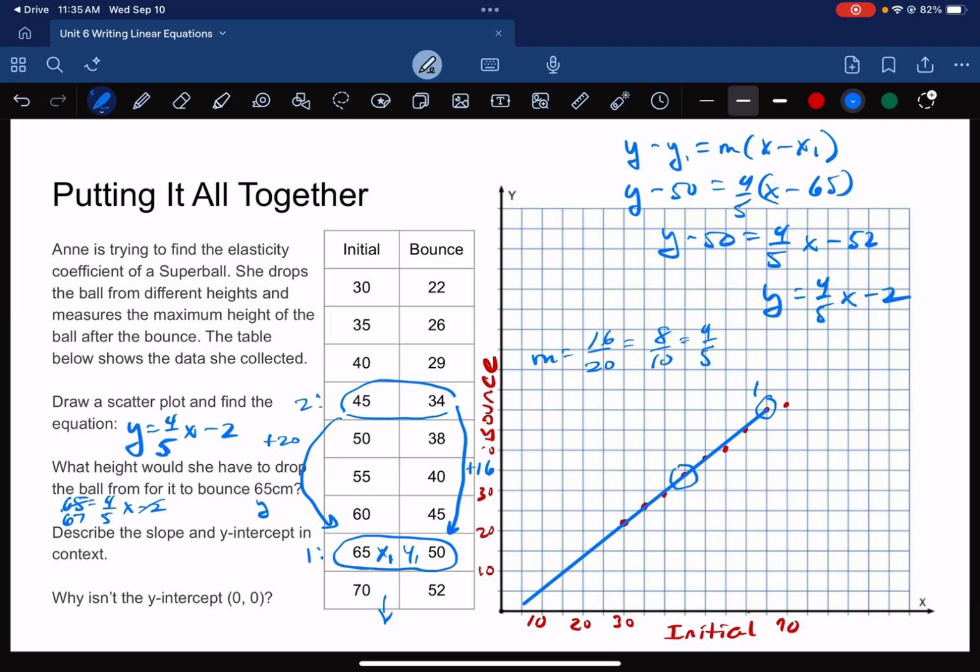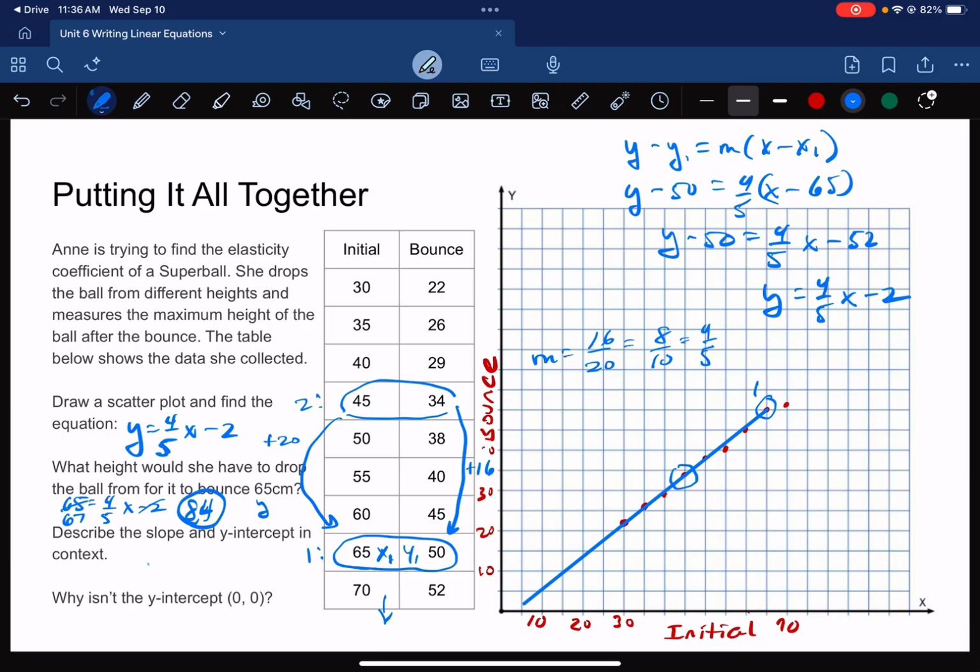So 67 times 5 divided by 4 tells me about 83.75. So about 84 centimeters on that one.